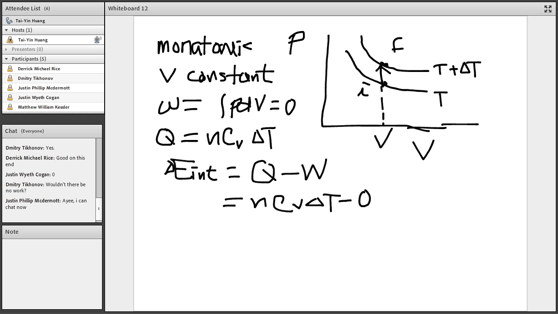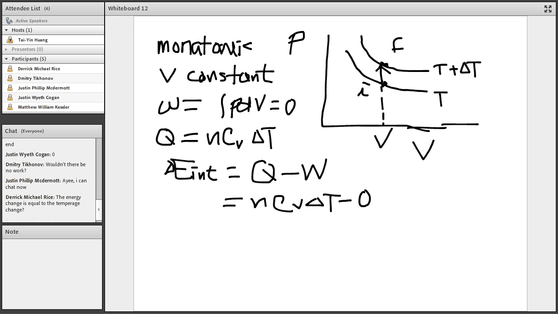Now, what about the left-hand side of the equation? What is the change in internal energy when there's a temperature change delta T? The energy change is proportional to the temperature change.